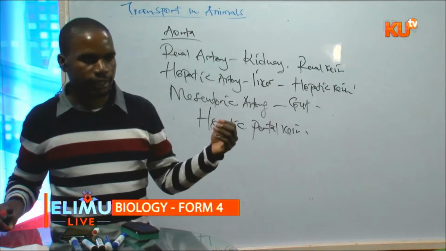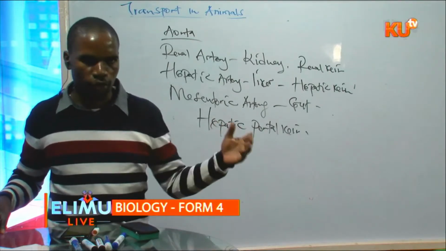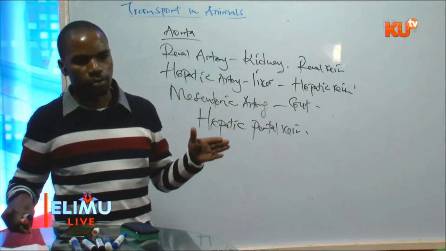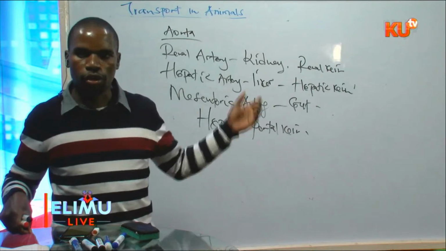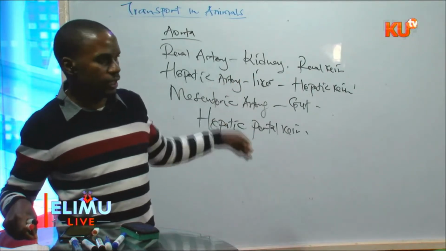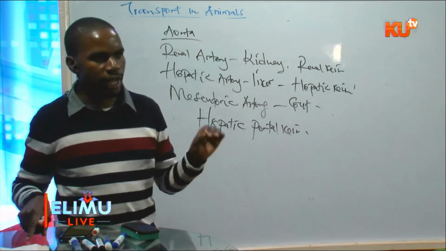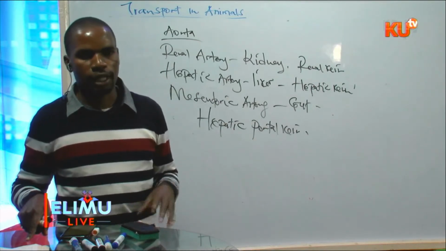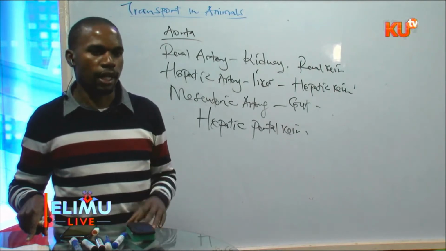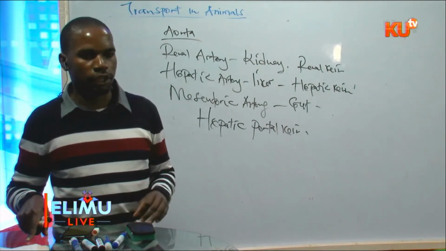Those valves do not regulate but prevent backflow of blood from the left ventricle to the left atrium. Another valve type is the semilunar valves. We have the aortic semilunar valve and the pulmonary semilunar valve. Those prevent backflow of blood to the ventricles.